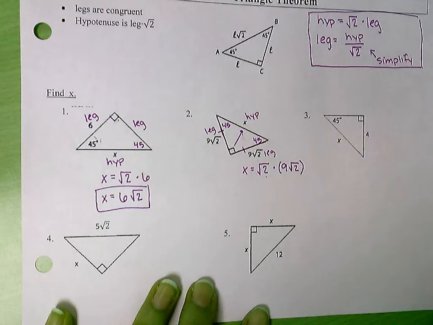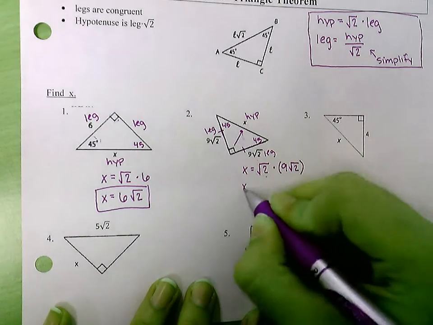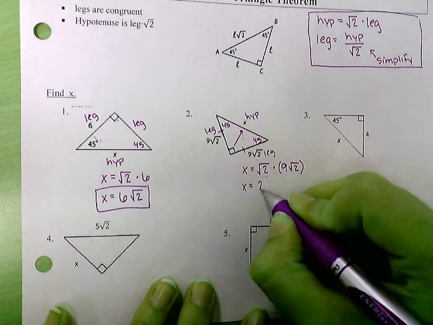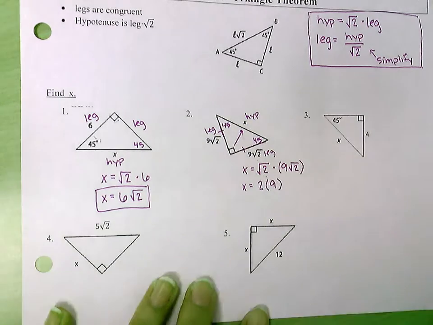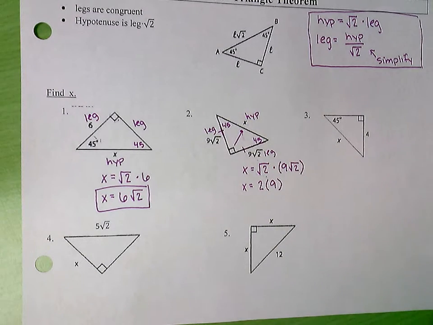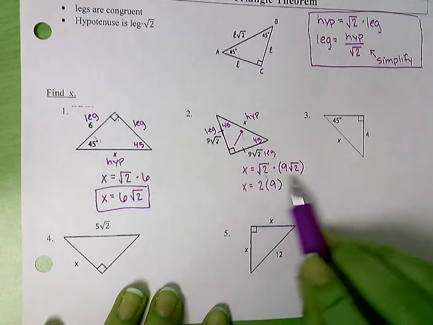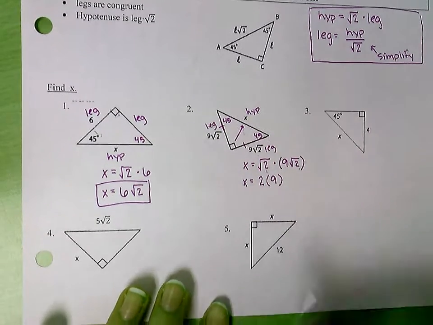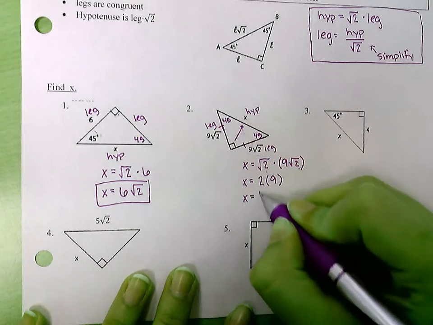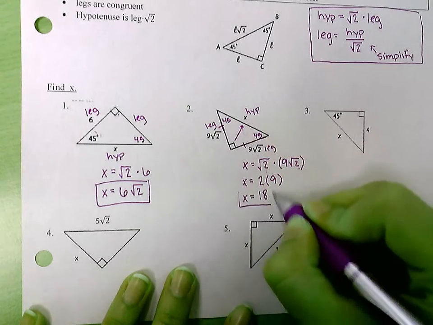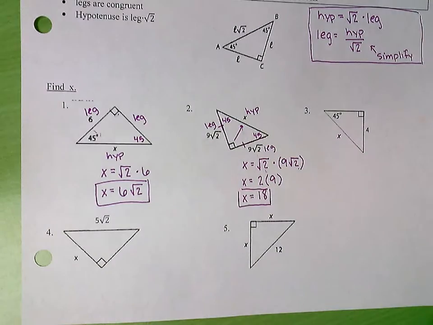What's the square root of 4? 2. So I can say this is 2 times 9. I just combined those two numbers there. Now 2 times 9 is 18. And x will equal 18.